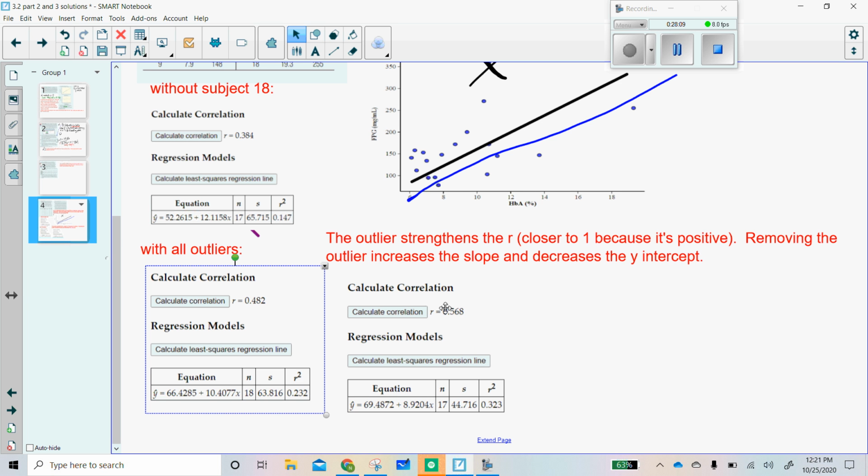Also notice that it looks like something strange happened here. It looks like it did tilt a little bit. This is not making much sense to me. Because that says that the y will go up.